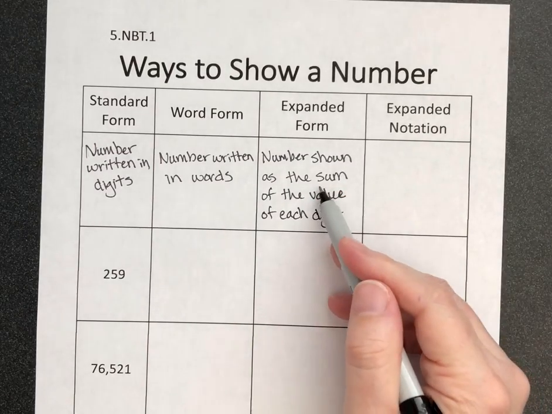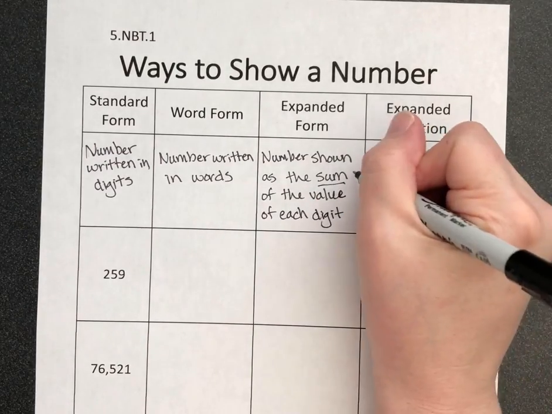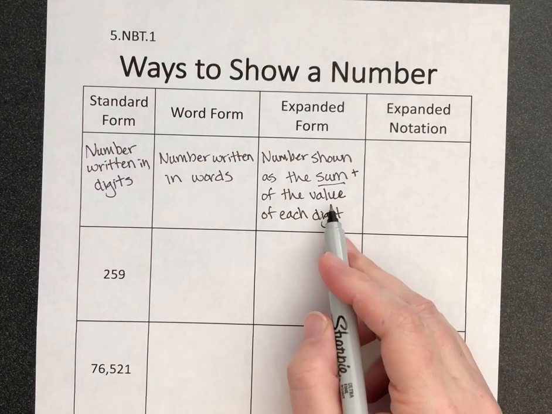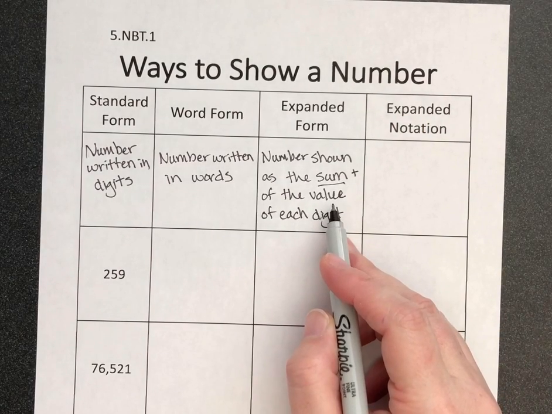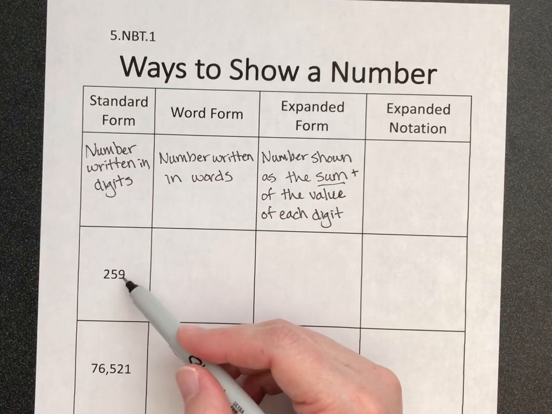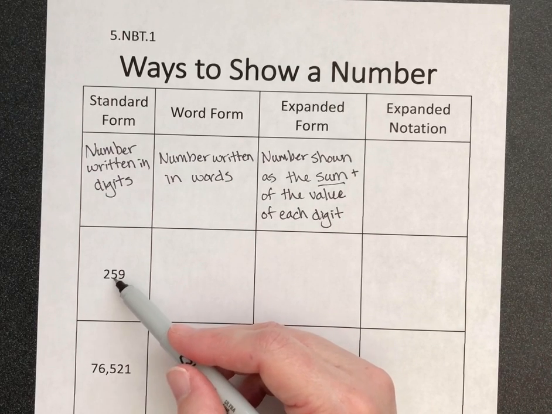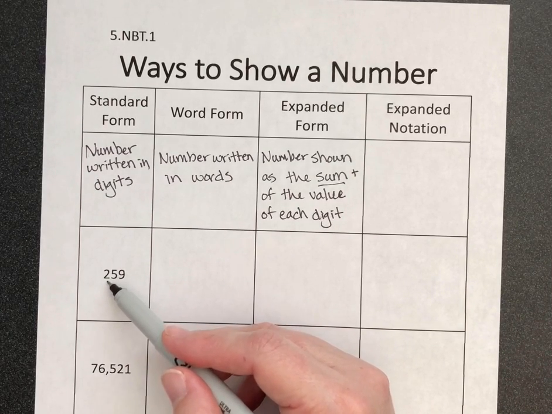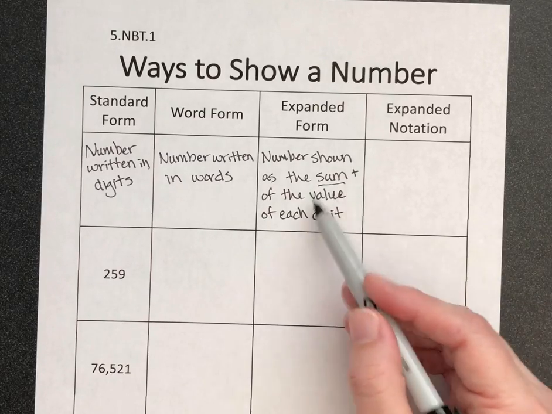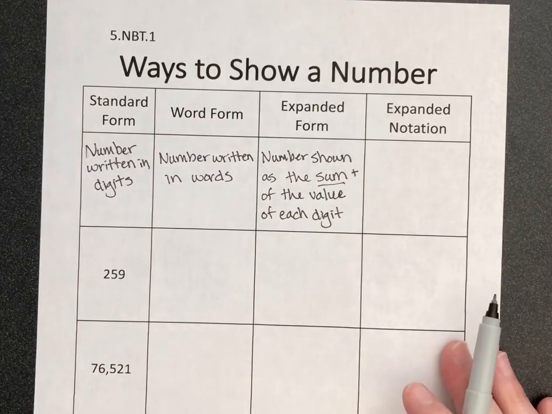So remember, sum means to add. The value we talked about in our last set of notes, that's where we say how much is each digit, how much is that 9? This 9 is 9, the 5 is 50, the 2 is 200. And then we add all those values together.